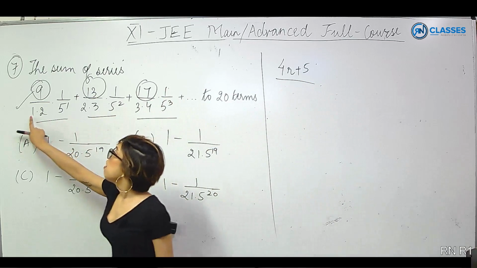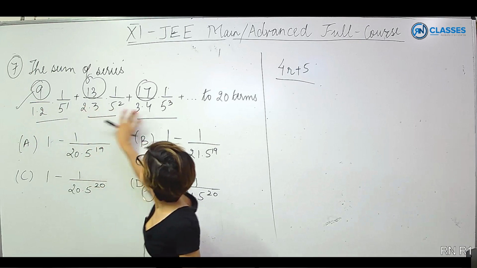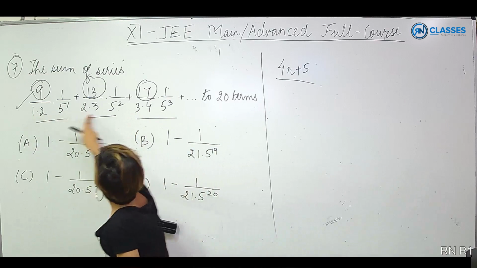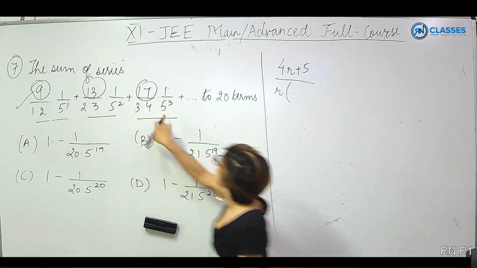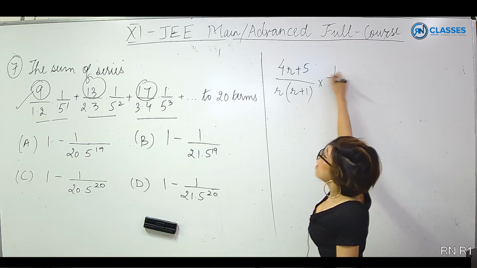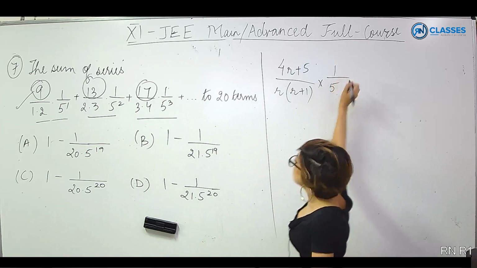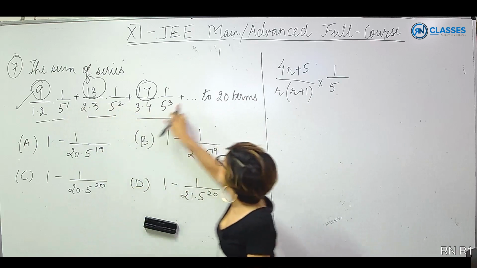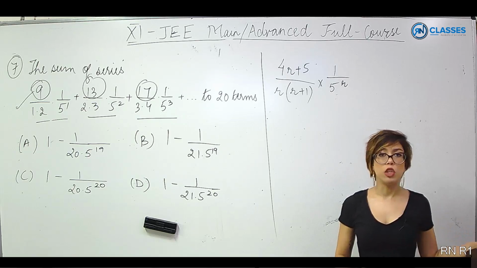Now, in here I have products of two quantities, 1 into 2, 2 into 3, 3 into 4. So that means R into R plus 1, and then 1 by 5 raised to something. So 5 raised to what? 1, 2, 3. So R. So this is my general term.